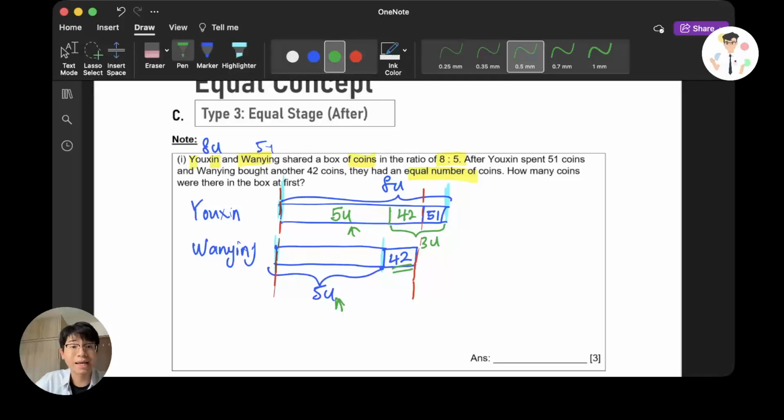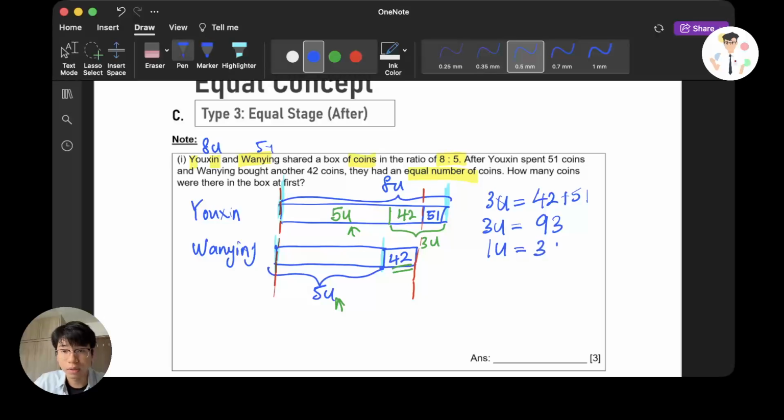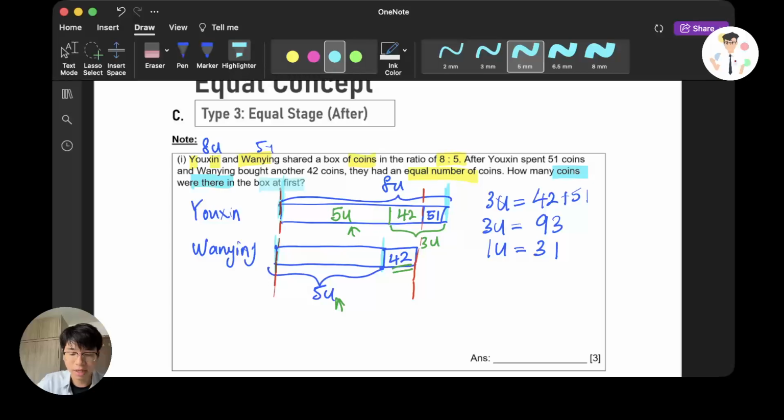And now what can I say? I can say that this 3 units is equal to 42 plus 51, and that 3 units is 93. And if 3 units is 93, then I know 1 unit is equal to 31. Now, are we done? We are not yet done, because the question is asking how many coins were there in the box at first.